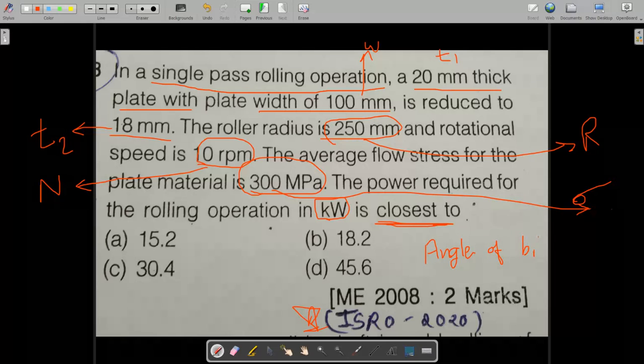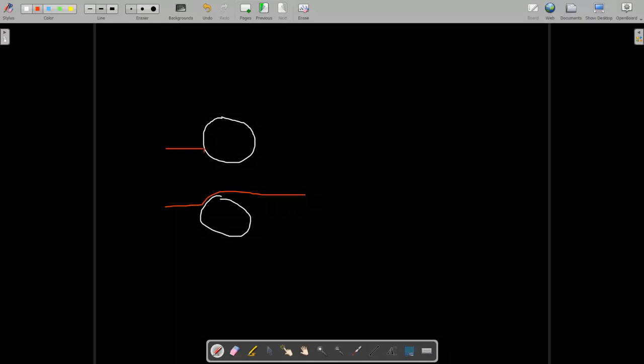First of all, let us understand what the stress and the projected area are, otherwise you will not get it. So first, these are the two rollers, and this is the plate with reduced thickness.